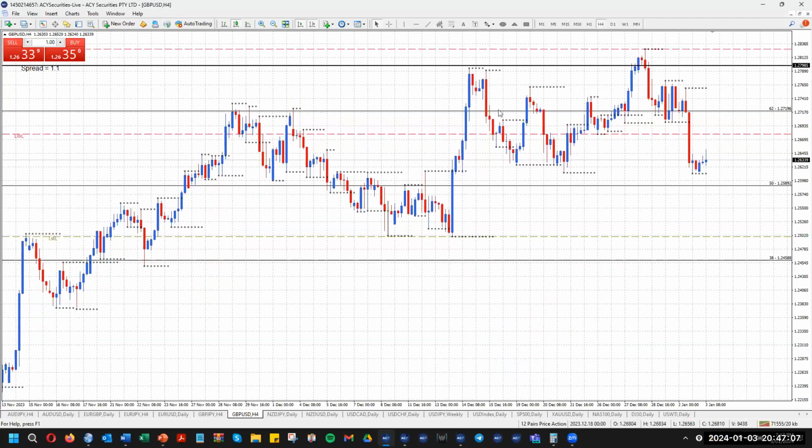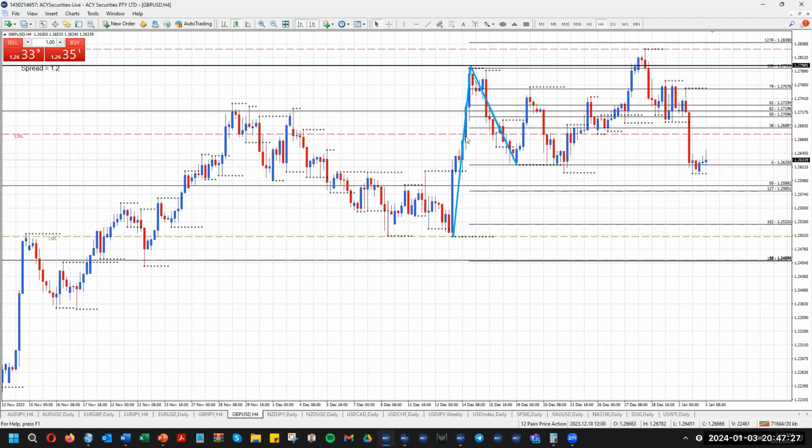So we fall down. We've come up, and we moved back below the 62 of the major range. So now I was looking at the 79% retracement to put in a lower top up here to then trade down.